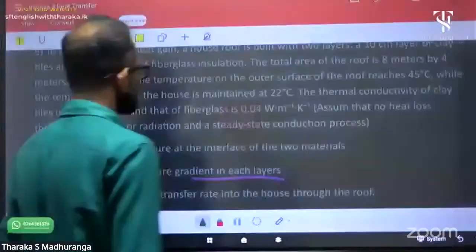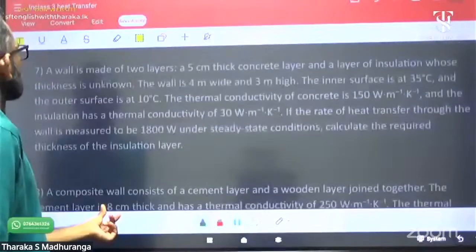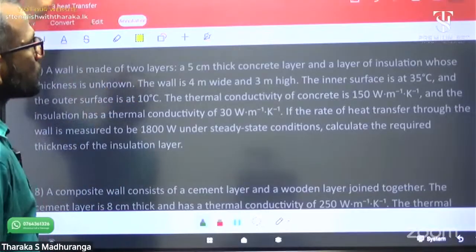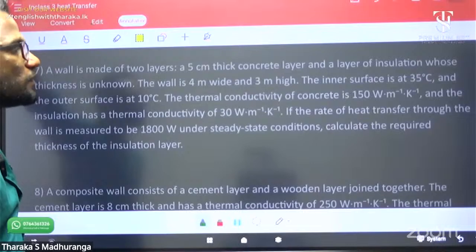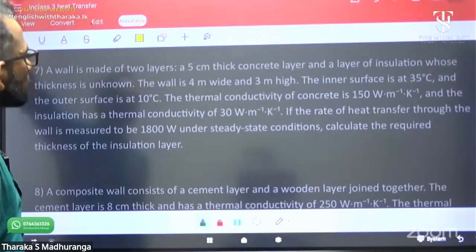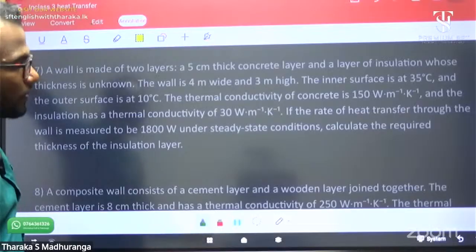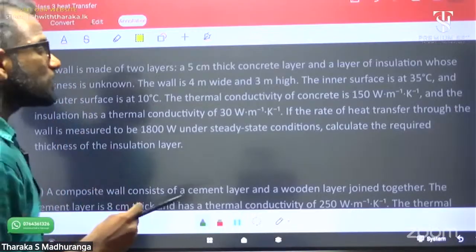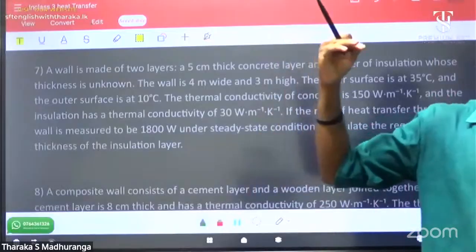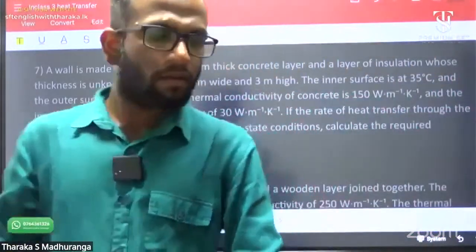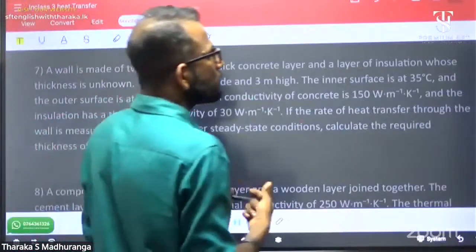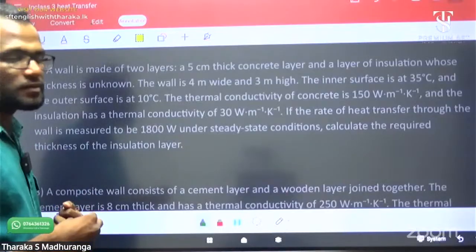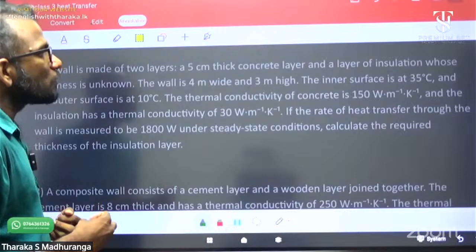Two more questions. A wall is made of two layers, a 5 centimeter thick concrete layer and a layer of insulation whose thickness is unknown. The wall is 4 meter wide and 3 meter height, right? The inner surface is at 35 Celsius and the outer surface is 10 Celsius.